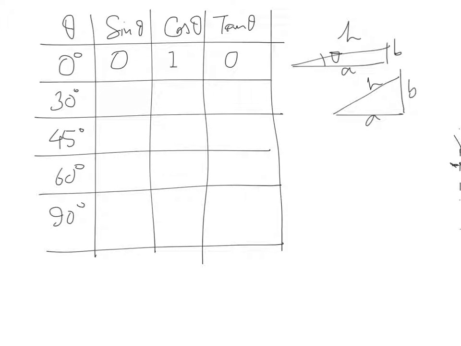Now if we draw a replica of this triangle and draw it upside down in such a way that its base now coincides with the base of the previous triangle, it will look something like this.